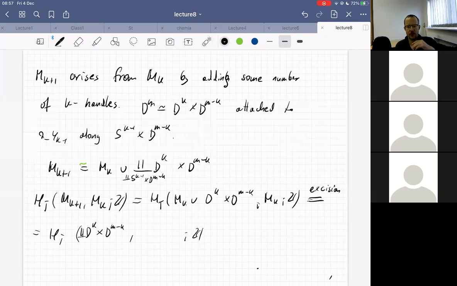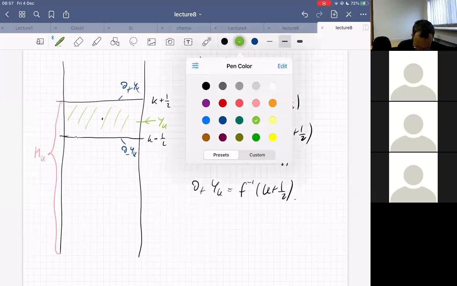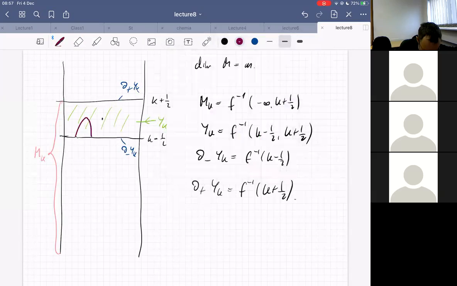The relative homology group would be the same. So look at this picture. You have the disk. Here is D^k.